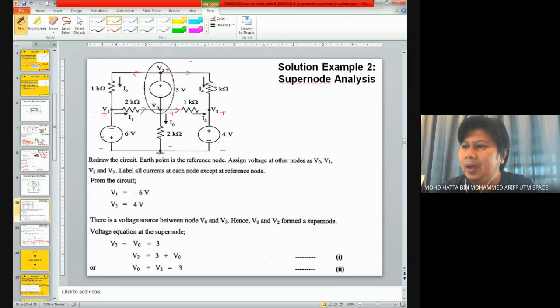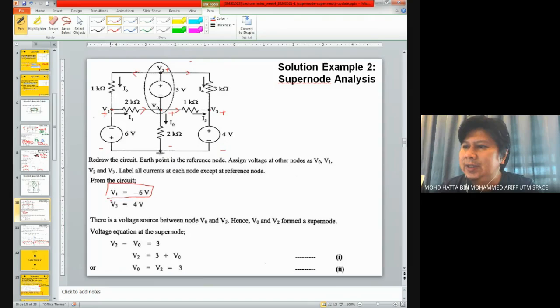We have a 6-volt voltage source and a 4-volt one. However, the 6 volts is arranged in the opposite direction. So here V1 can be considered as negative 6 volts, meaning from this point towards this point is negative 6 volts.